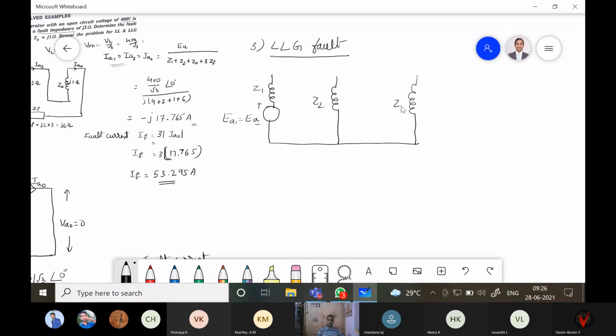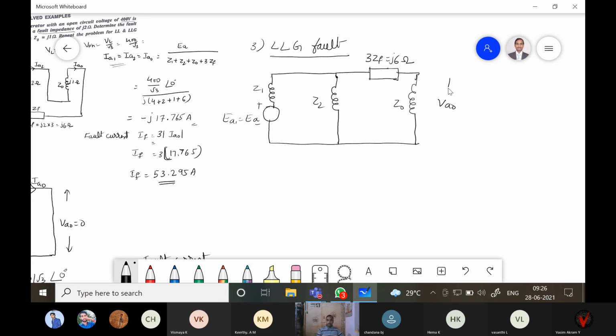Then Z2 and Z0, and double line to ground fault means the fault impedance will be between Z2 and Z0. This is called ZF.